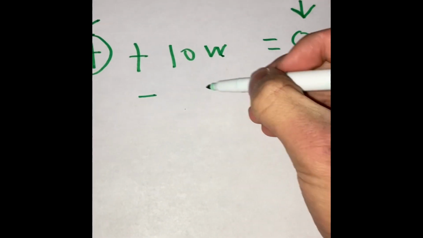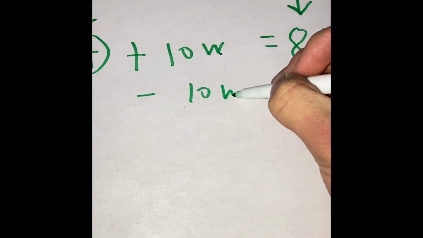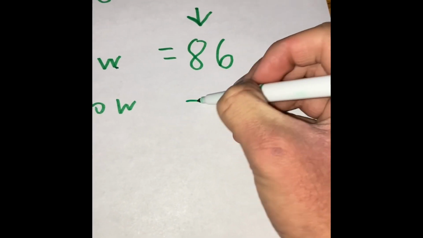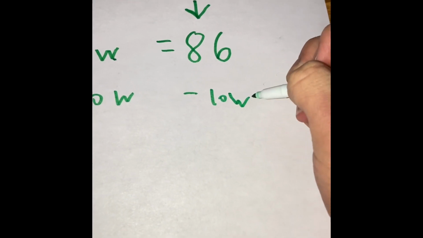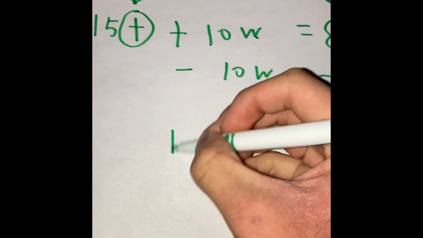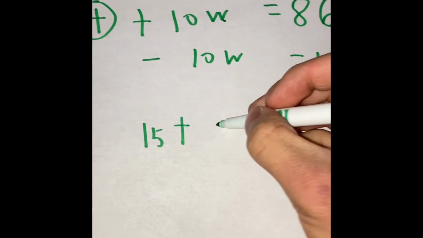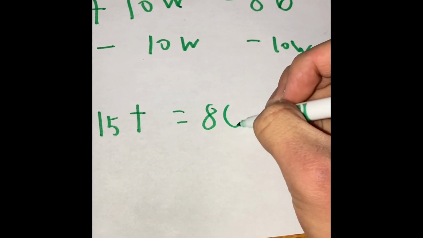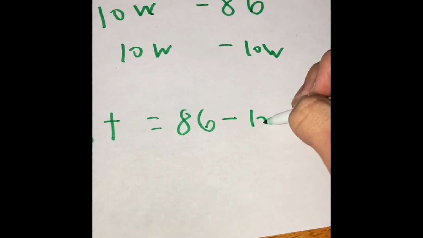We can subtract 10w from both sides. You don't know what w is, so we rewrite the problem as 15t equals 86 minus 10w.